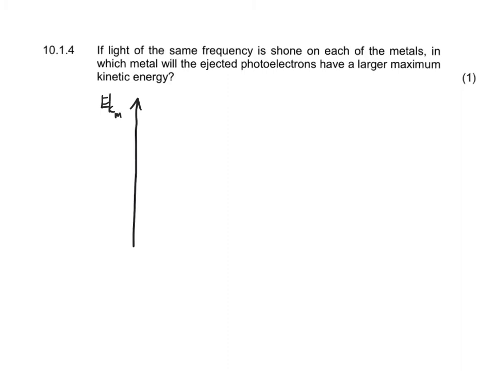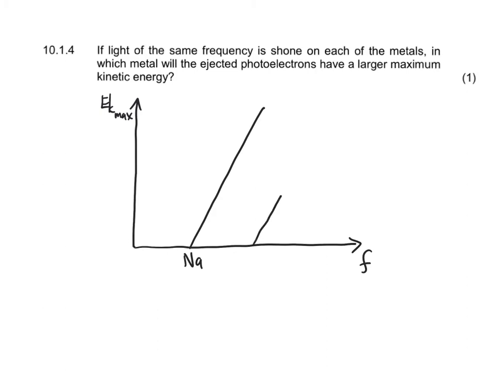And remember, it's the maximum kinetic energy of the electrons that's measured on that axis. And here is the frequency axis. And the graphs for sodium and silver are parallel to each other. And silver has a higher threshold frequency.